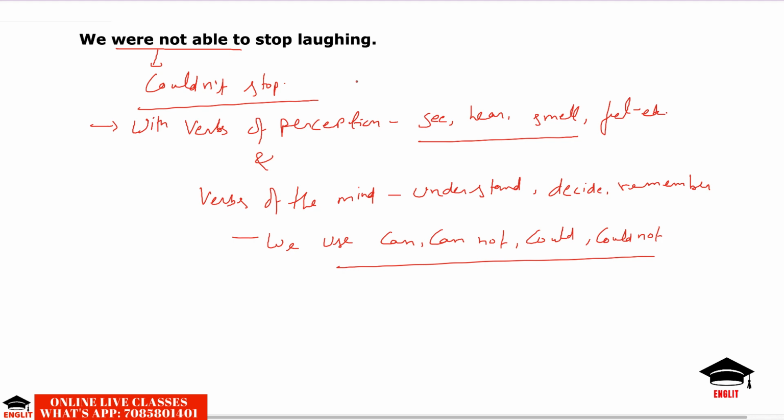Is, am, are, was, were plus not plus able to is used for showing the capability, normal capability. I'm not able to go. You were not able to finish the work.